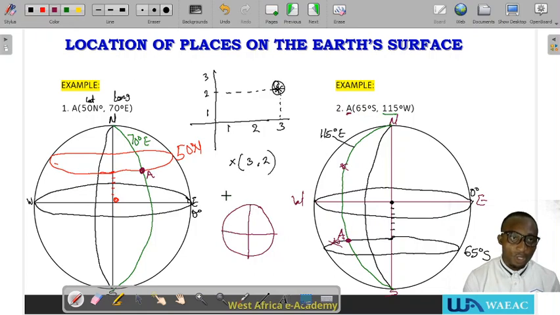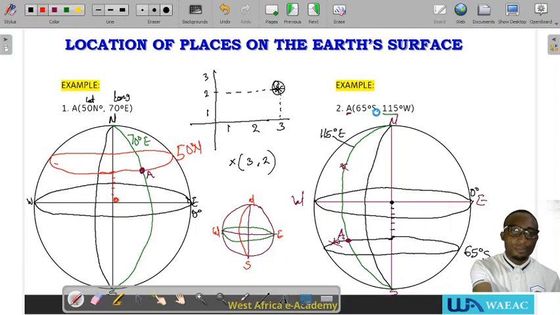Your equator should be the next, because that is your reference point to calculate your latitude. And after that, introduce your prime meridian, which is the reference point for your longitude. And after that, we can now locate the given point of latitude and longitude.